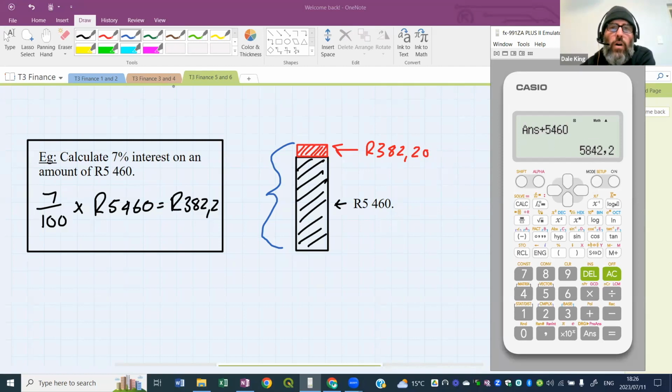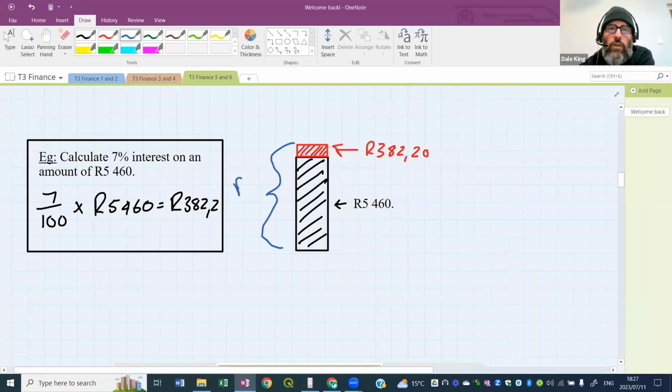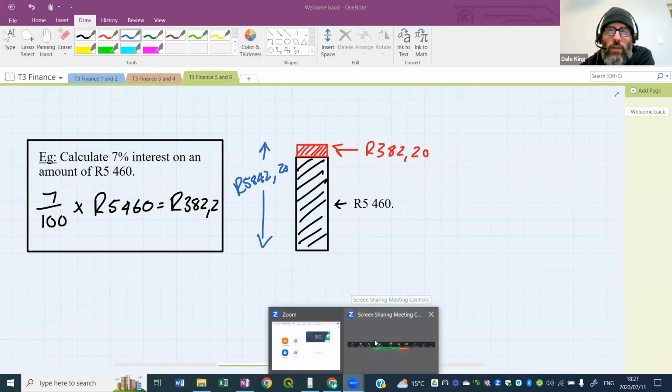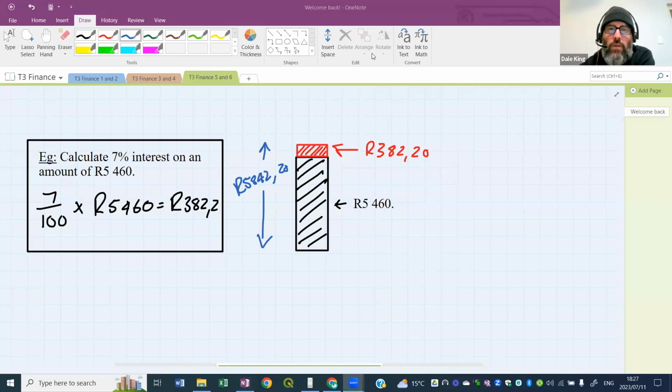So this bar has grown now. 5,842.20. So this whole bar now is this big. Now, ladies and gentlemen, you might be thinking, what is going on here? So the question was, I have originally 5,460.